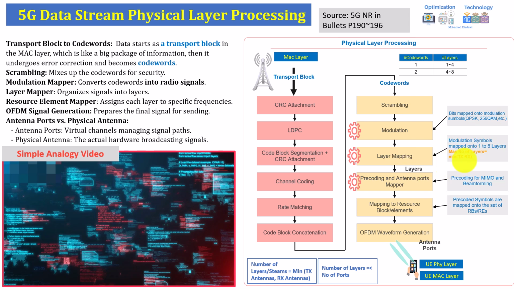So this means only a maximum of 8 layers can be transmitted. And also, if, for example, we have only two Rx on the receiver side, which is the UE, this means the maximum layers can only be up to 2. But again, this is layer mapping. This is one of the things we can also play around with. For example, if you're speaking about multi-user MIMO with 64 antennas, you can have up to 16 layers.